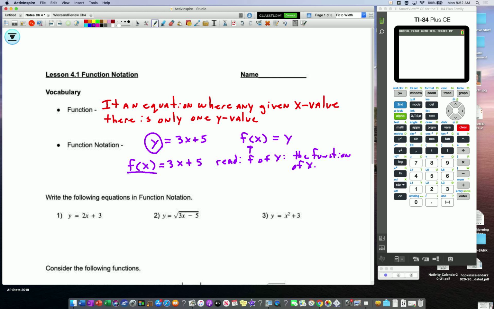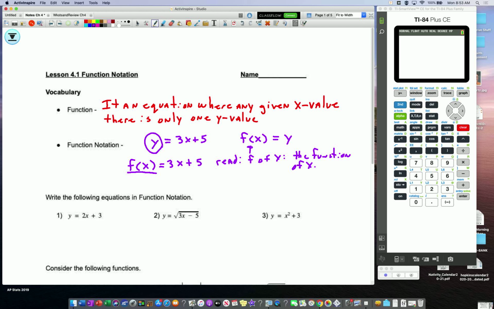Now the f, we usually say stands for function, but technically this letter in front can be any letter you want it to be. It can be g, h, i, j, k. Usually I don't let it be x, y, or z, but sometimes we'll let the letter represent something.